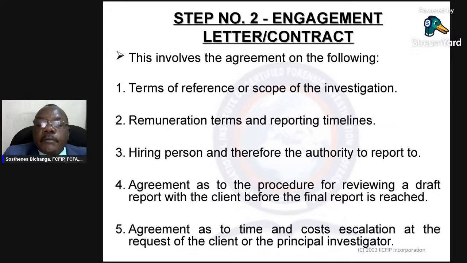By this time, the investigator has decided that he is going to complete the investigation, whether it involves in-country operations or overseas operations.